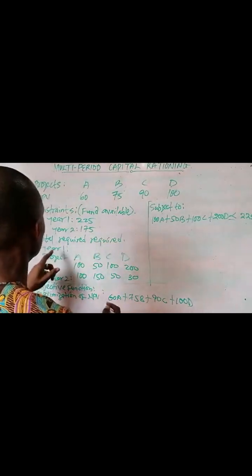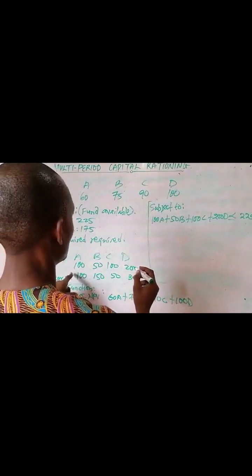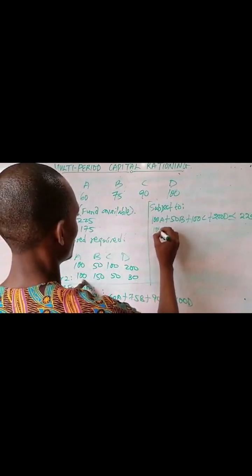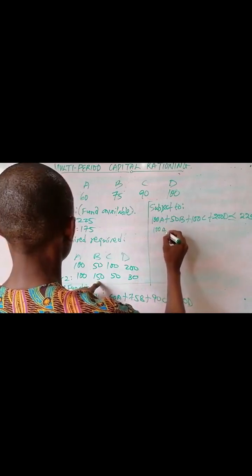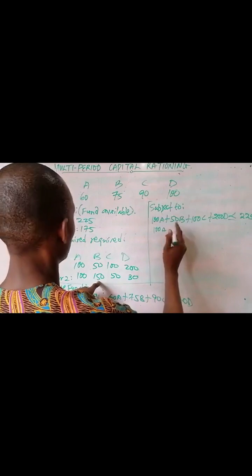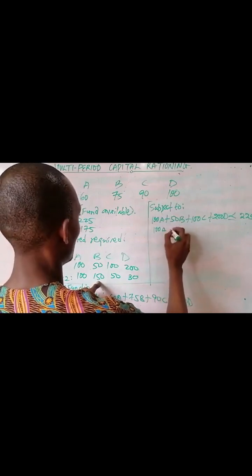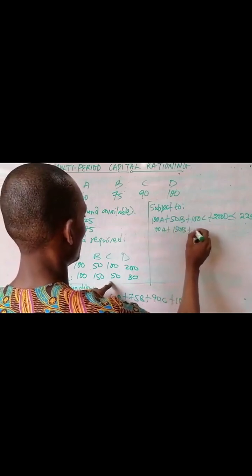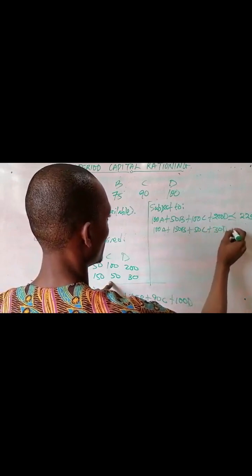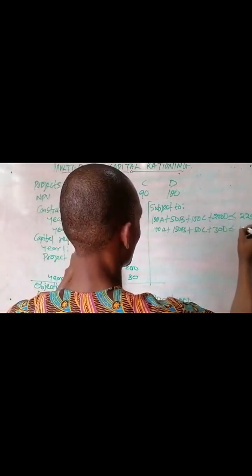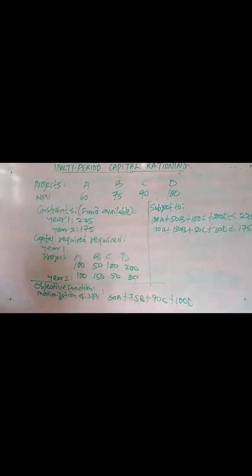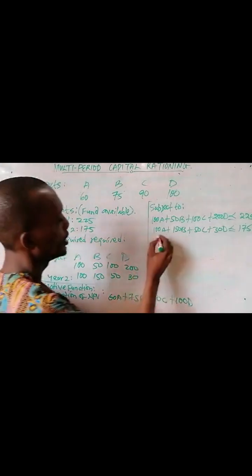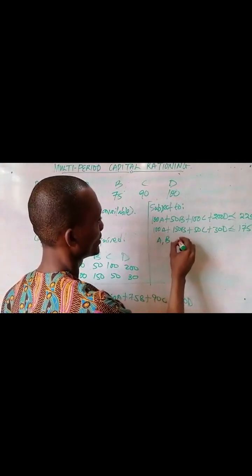For the other one, for year 2: 100A plus 150B plus 50C plus 30D less than or equal to 175.